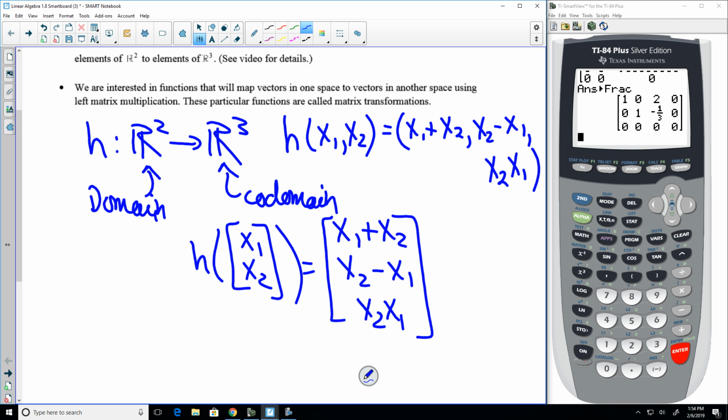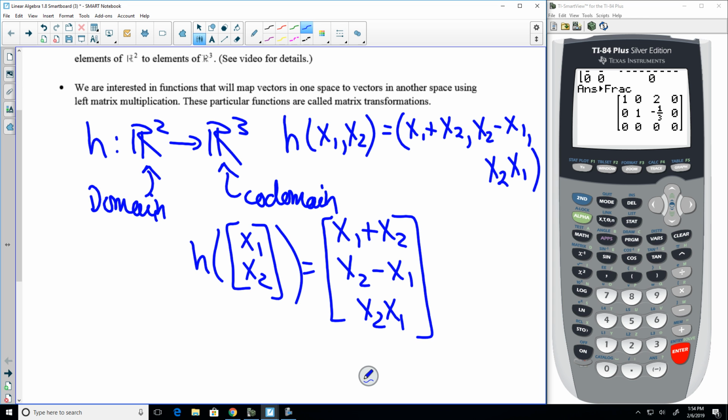So we are interested in functions that will map one space to vectors in another space just by multiplying by a matrix. And we call these particular functions matrix transformations. So we want a particular thing to happen when we write this function.